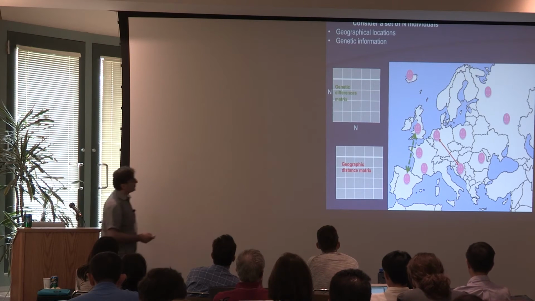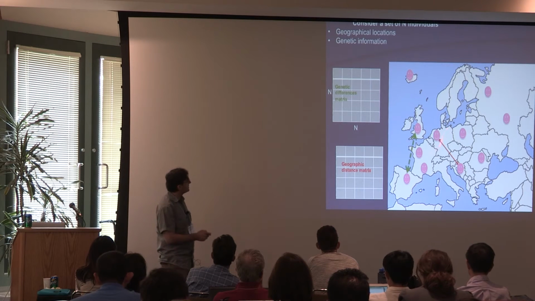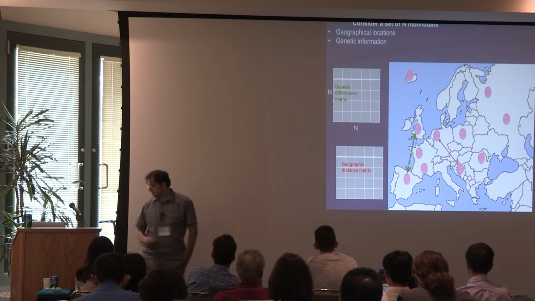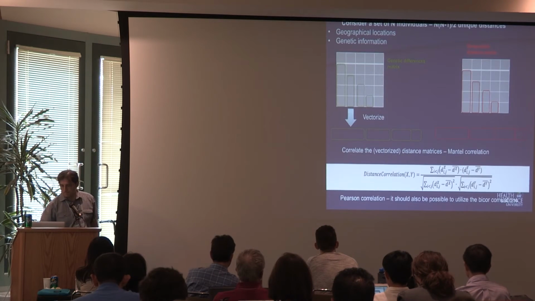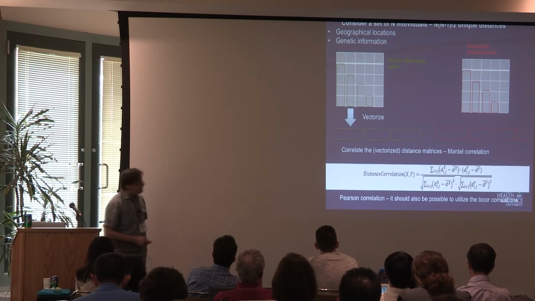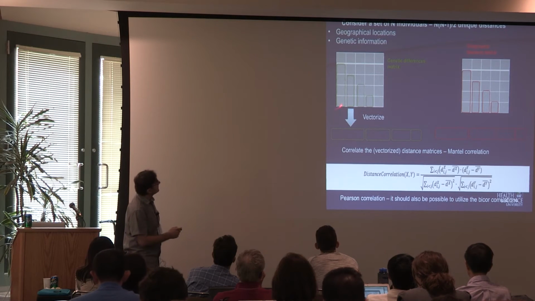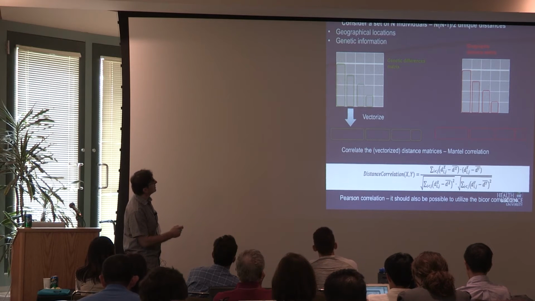So here we are in Europe. You measure geographical distances, and you also measure genetic differences. You capture all that information in a square matrix. Here is the number of individuals that you sample, and you could produce a square matrix of all the pairwise differences.